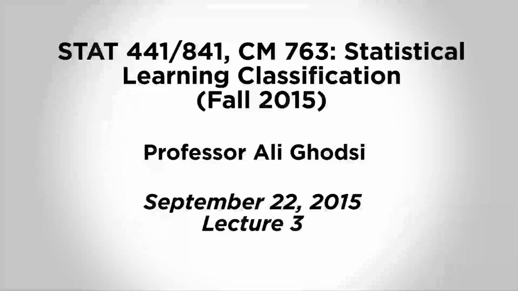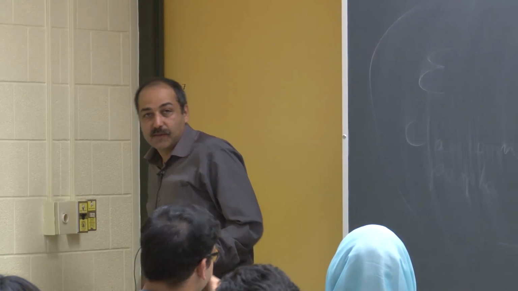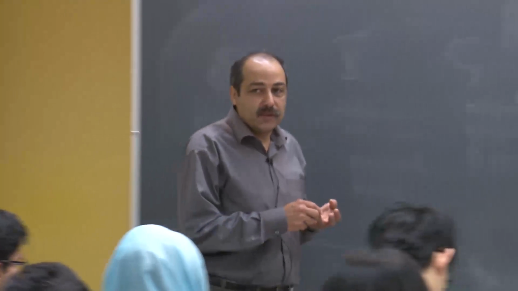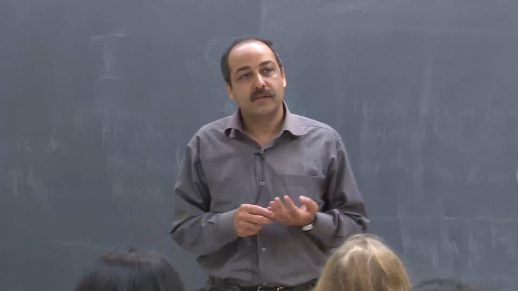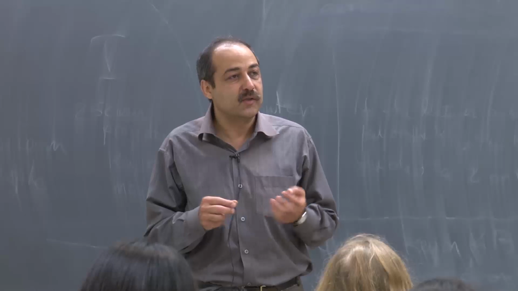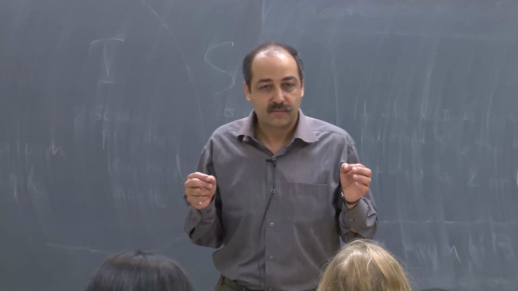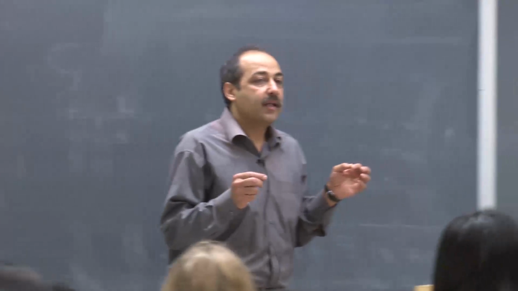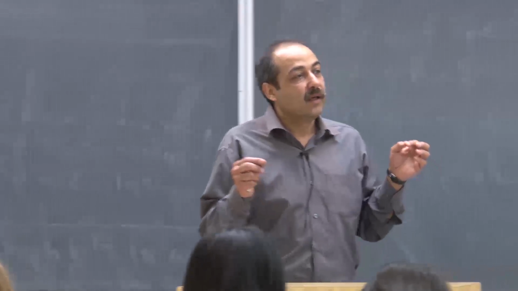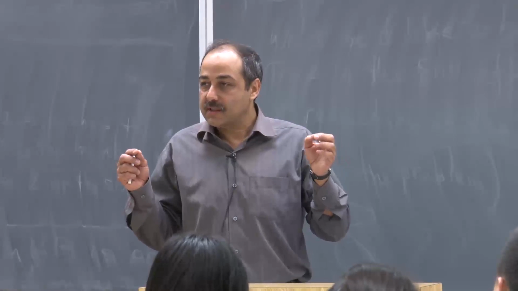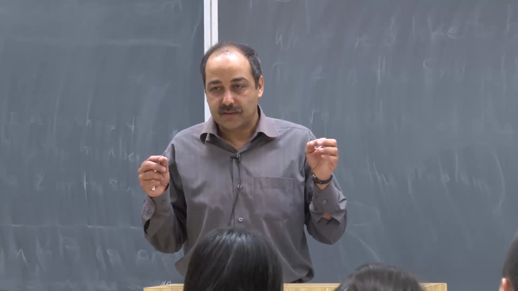Let's start. We learned about base classifier. We learned about linear discriminant analysis and quadratic discriminant analysis. Basically, linear discriminant analysis is base classifier when you assume that your class conditionals are Gaussian, multivariate Gaussian, and you also assume that different classes share the same covariance matrix.